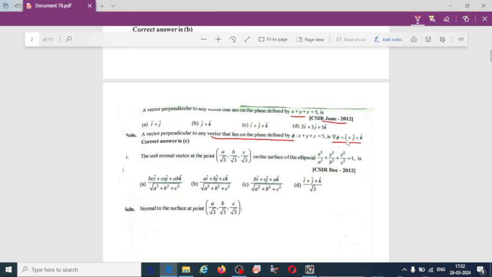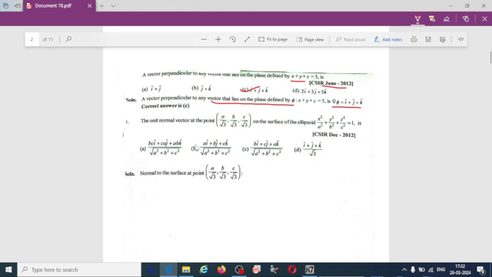So that is in terms of i plus j plus k cap you are going to get. That is the answer here, option C. If they have given the plane and are asking for the vector perpendicular to any vector that lies on the plane, then you should take gradient phi.